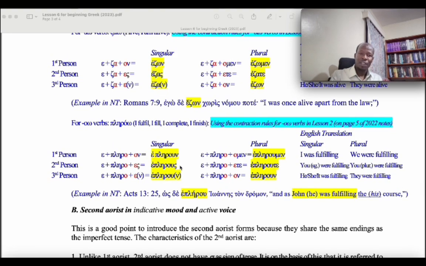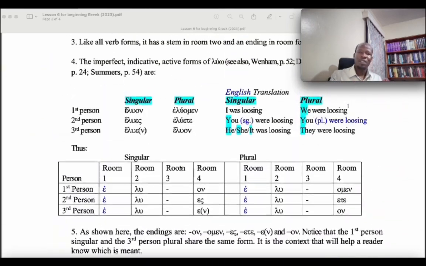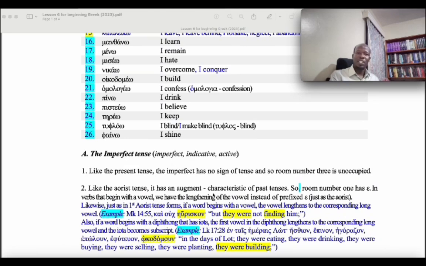Now let's recap. We've been looking at the imperfect indicative active form. It has a different ending from all the other tenses we have seen so far. But like the first aorist, it has an augment, and like the present tense, it doesn't have the sign of tense.